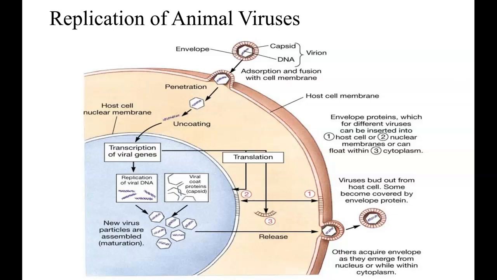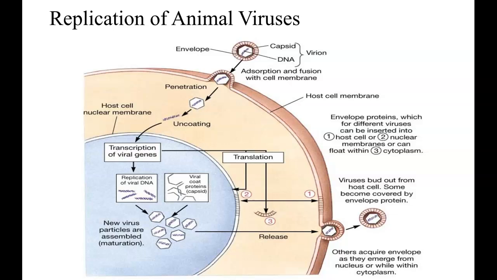This picture right here is how an animal virus would replicate. Very beginning, we kind of went over the generic structure of a virus, and we mentioned the envelope. So remember that envelope. So it's that lipid bilayer. Where did that envelope come from? It was stolen from the host cell as it was escaping.